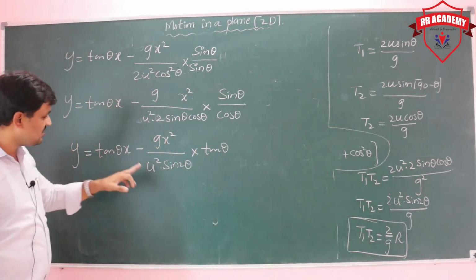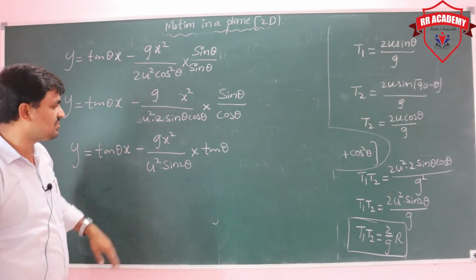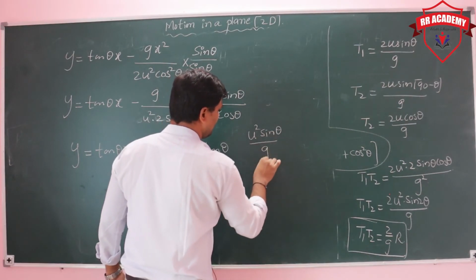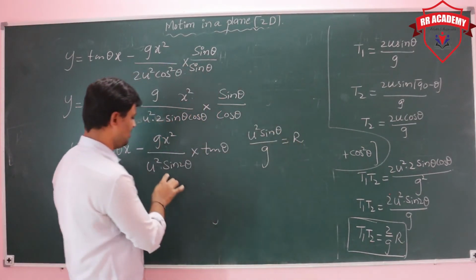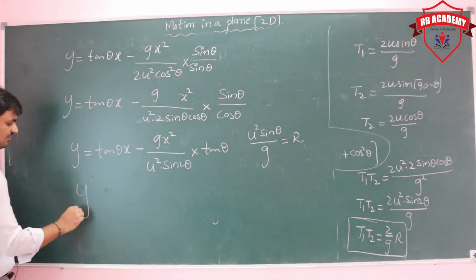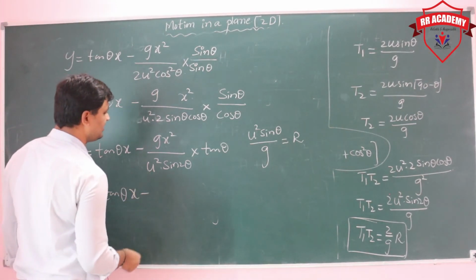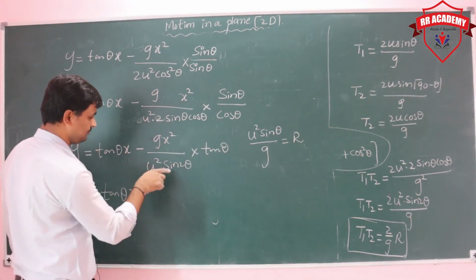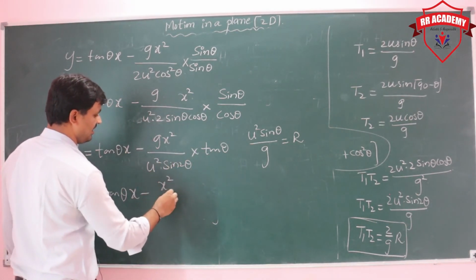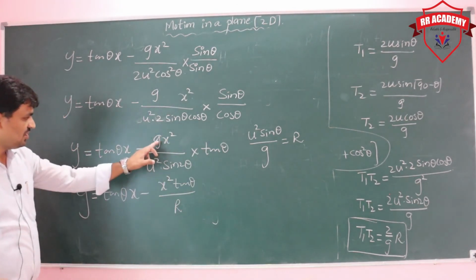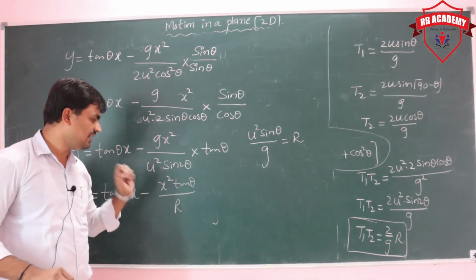Now u square sin 2 theta by g is nothing but R. Just put the value of R. Then y is equal to tan theta x minus x square tan theta upon R.